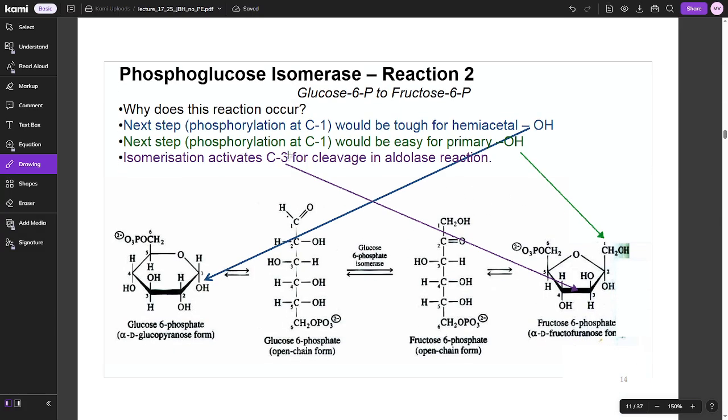So yeah, he goes through all of this, right? I don't think you need to know this entire mechanism. What I would say you should keep in mind is basically, we're starting with our glucose 6-phosphate. We're opening this up into our Fischer projection, and then we're doing an isomerization between this carbon and this carbon.